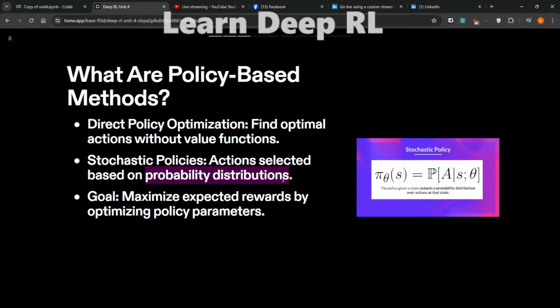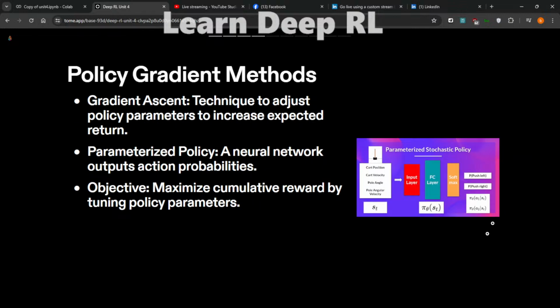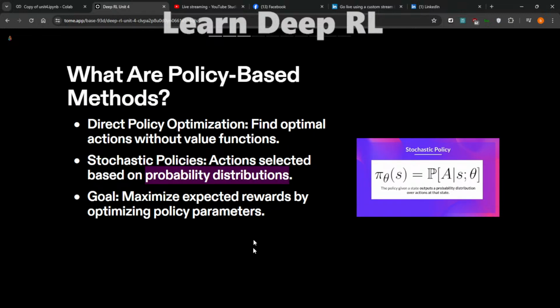Maybe in the next slide I might show this. Yeah, I'll just stick to here for now. Instead of being told you must take this action, in stochastic policies we are given options, and we have different rewards associated with those actions.